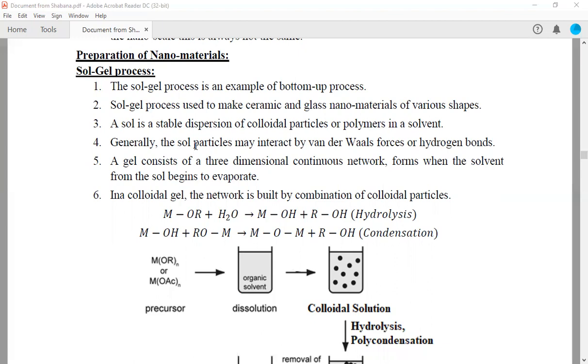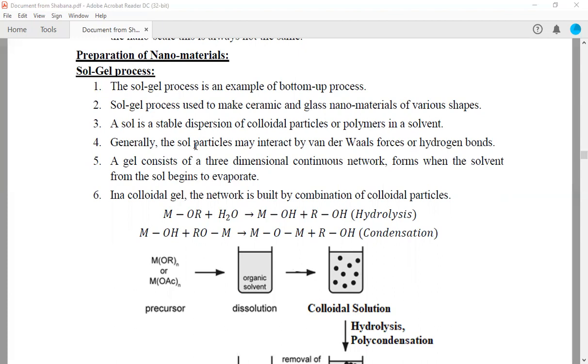For example, we take metal oxides or metal chlorides. They undergo hydrolysis and polycondensation reactions to form a colloid, which is a system composed of nanoparticles dispersed in a solvent. The solvent evolves towards the formation of an inorganic continuous network containing a liquid phase, that is a gel.